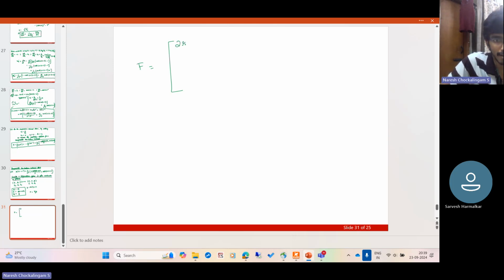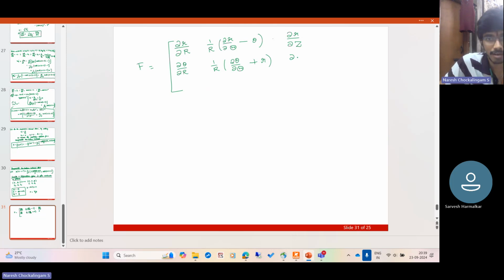dou r by dou capital R, 1 by capital R, dou r by dou capital theta, minus small theta, dou r by dou capital Z. Then here we have dou theta by dou capital R, 1 by R, dou theta by dou capital theta, plus small r, and here it is dou theta by dou Z. So last one is easy.